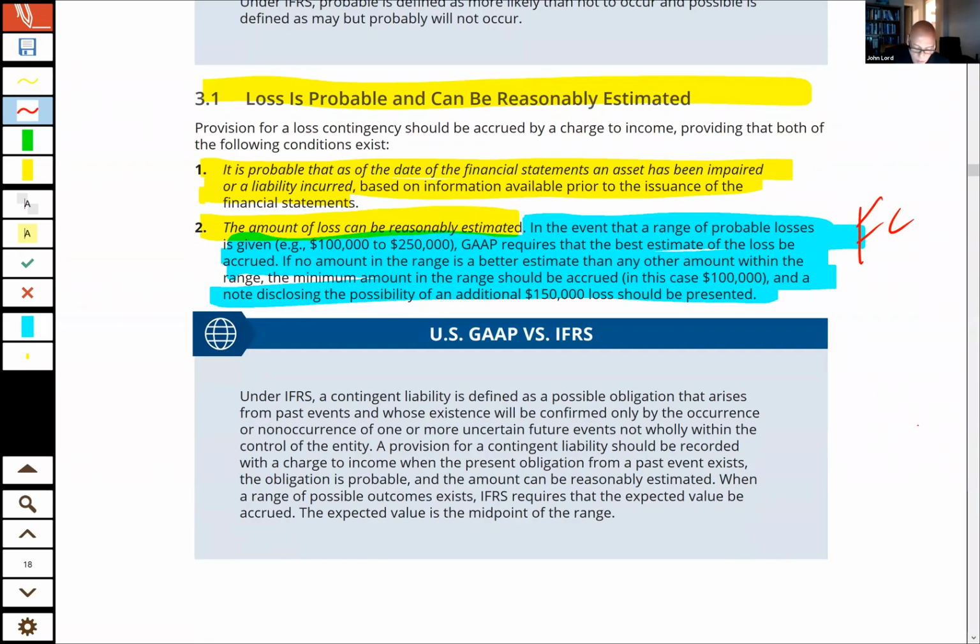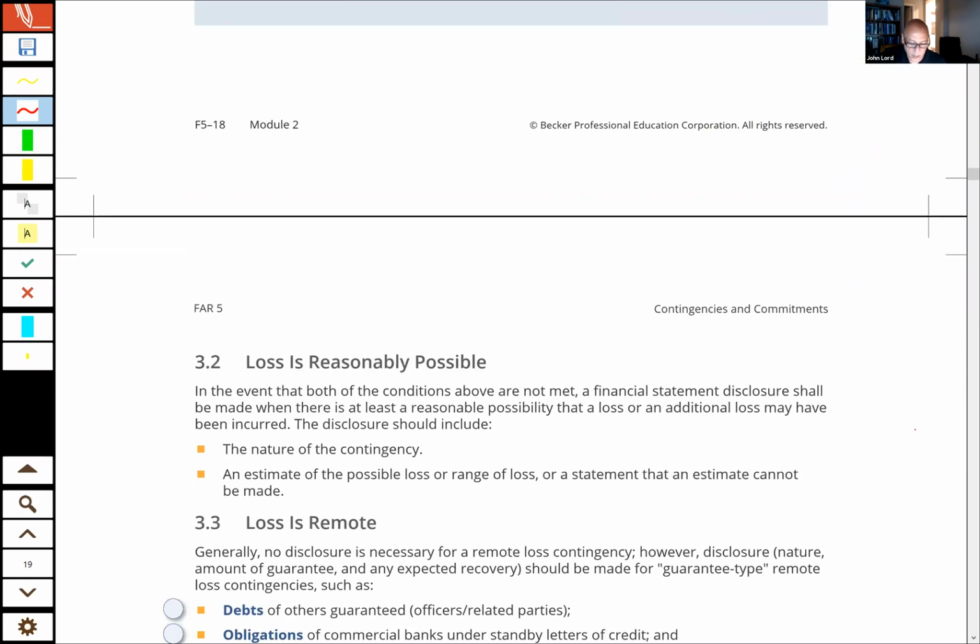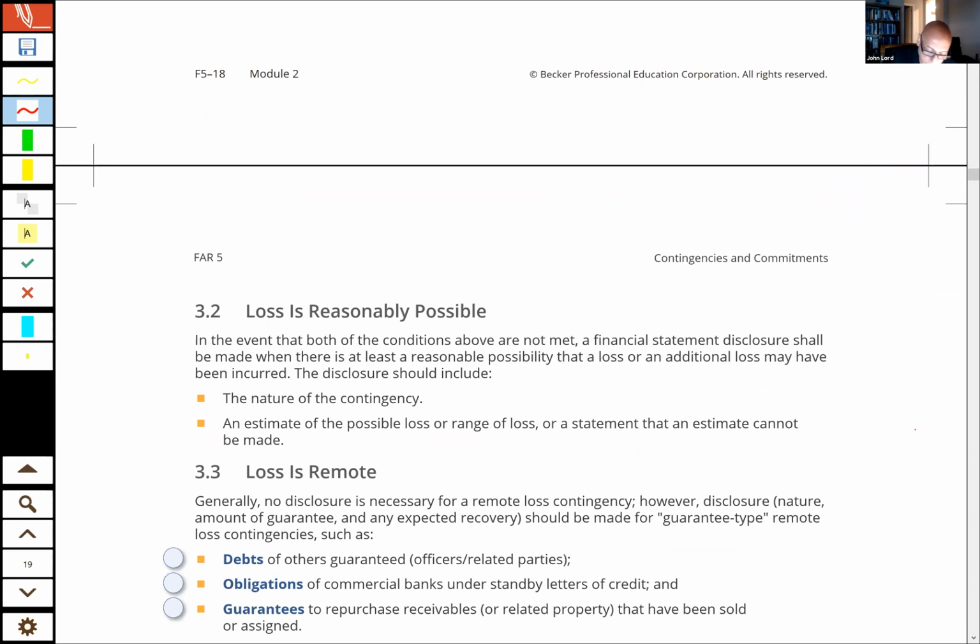Come over and let's see if the loss is reasonably possible. What should we do? Well, if it's reasonably possible, the rule is to disclose the nature of the contingency and the range, but no journal entry. You can write that down. No JE. We do not debit loss.